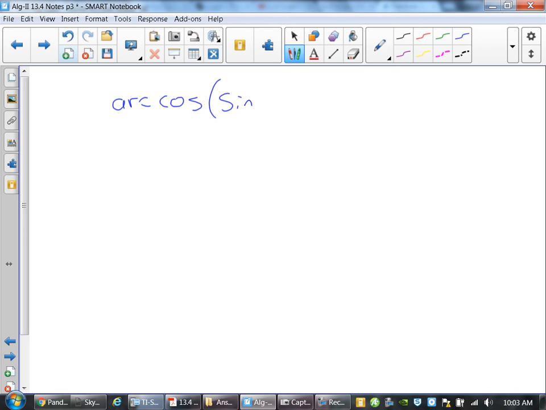Pi over 3 is what angle? 60. So what is the sine of 60? So what angle has a cosine of root 3 over 2? 30.